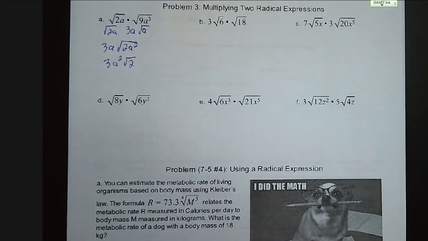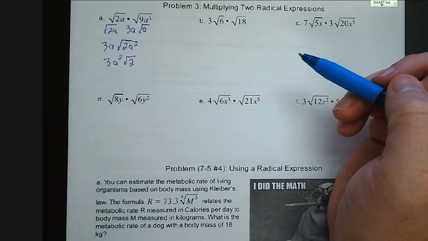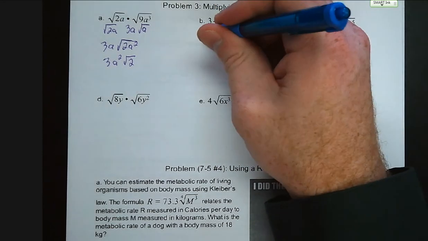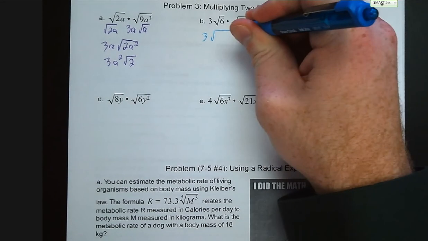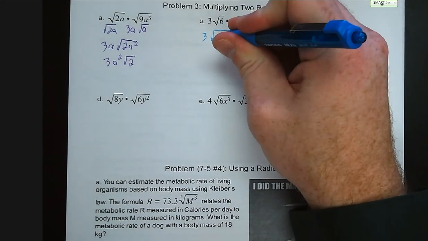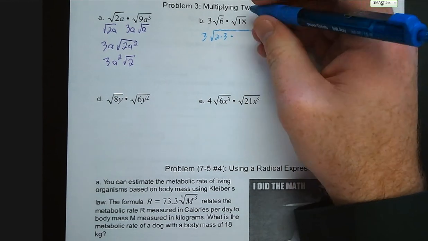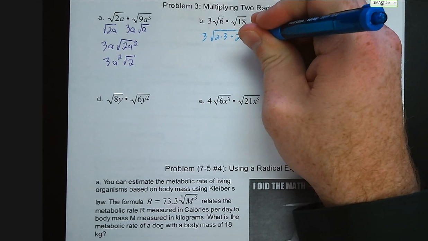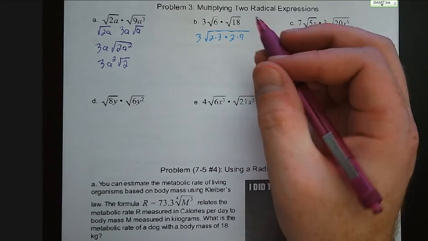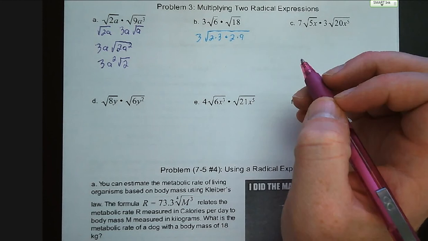All right, so we've got letter B to take a look at. For this one, how about we approach it by multiplying? One thing you could do is start listing out prime factors when we mash them together. So 6 is 2 times 3, and 18 is made up of 2 times 9. Remember what I said, when we're looking for square roots, we're looking for either pairs of prime factors or things that we can take the square root of.